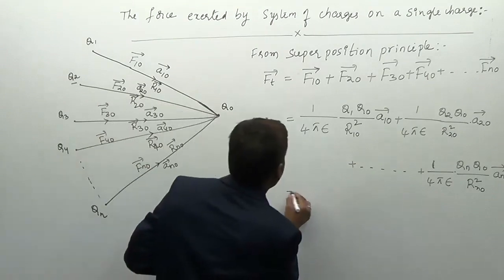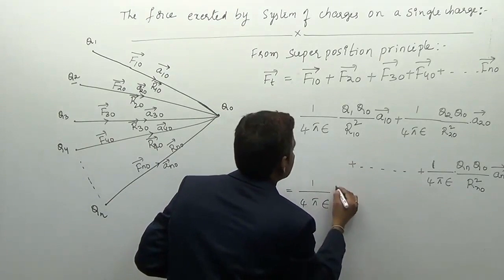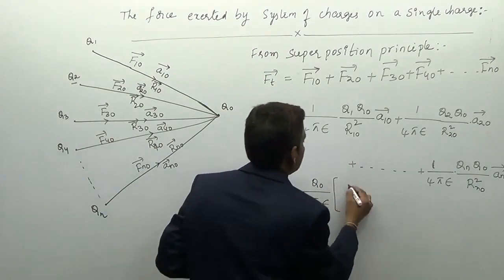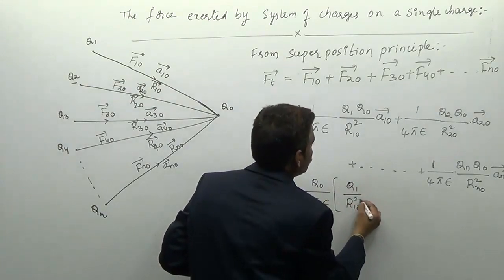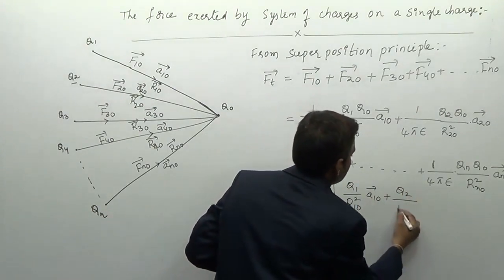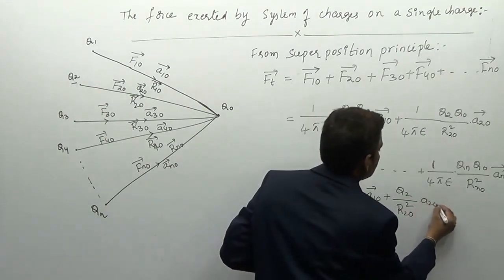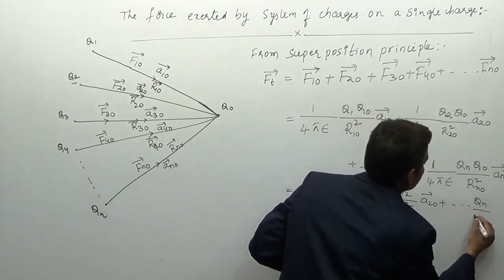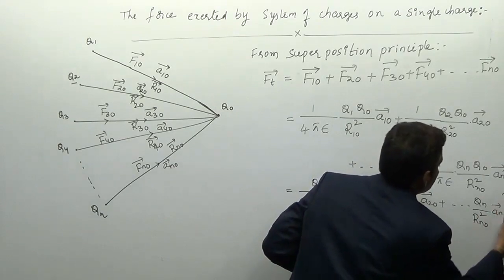So this can be written as 1 by 4 pi epsilon into Q0, which is also constant, brought out, times Q1 by R10 whole square into A10, plus Q2 by R20 whole square into A20, plus so on, Qn by Rn0 whole square An0.